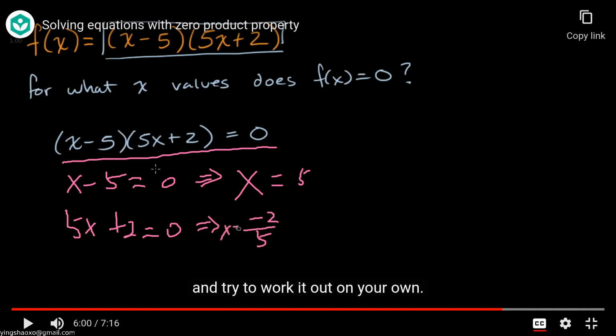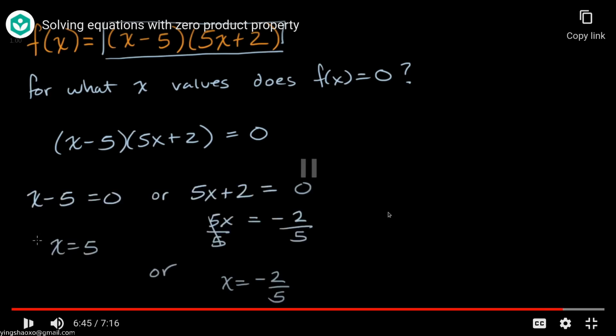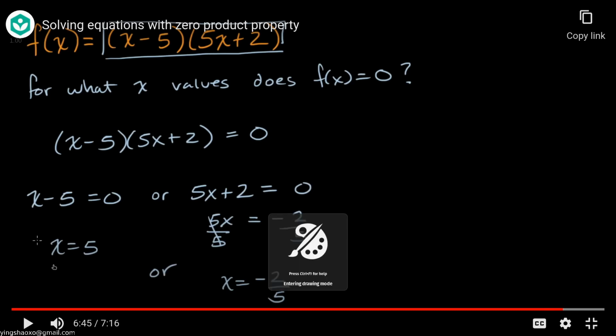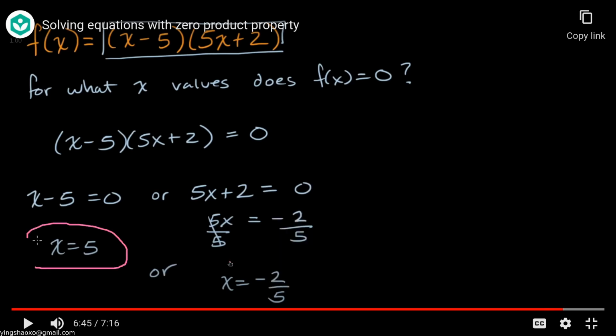Alright. So I guess the solution is 5 or -2 over 5. Ta-da! So I am right. We got the right answer here.